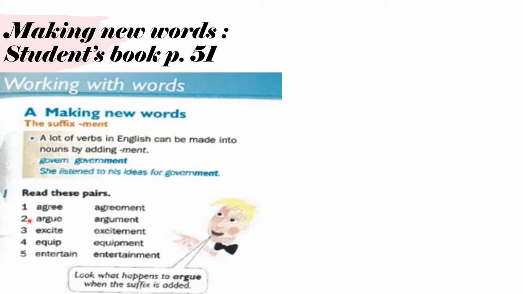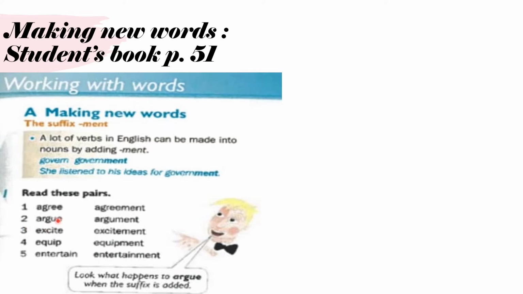Like what? Agree. This is a verb. Change it into a noun: agreement. Argue, argument. Excite, excitement. Equip, equipment. Entertain, entertainment. And we have a note here in the verb argue, number 2.